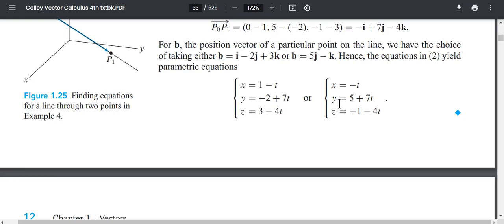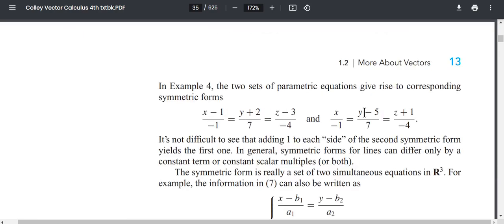And we can do the same thing here, solve for t, and get the corresponding symmetric form, and hopefully they will be the same because they said that the symmetric form is unique. That's what they do here. These don't exactly look unique, but you can do a little bit of algebra on them and you'll see that they're the same.